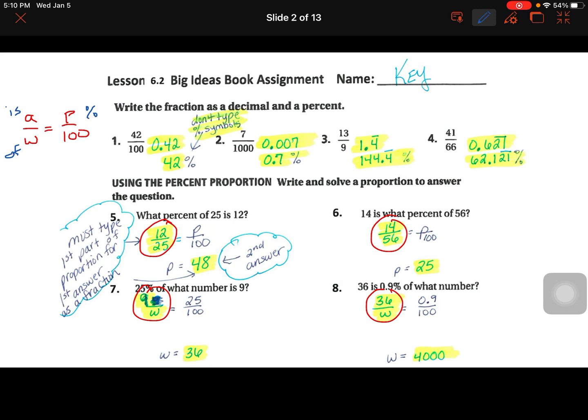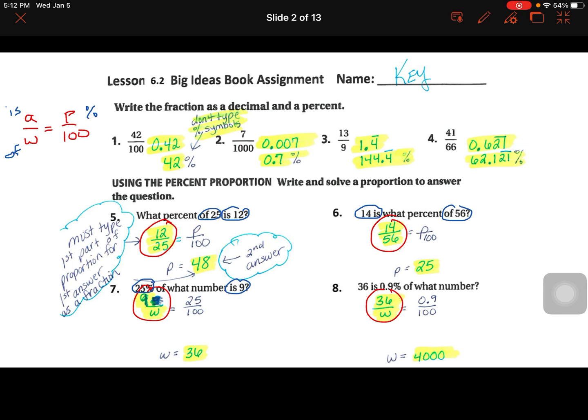When you set those up, you're looking for those key words, and as you look at each problem, highlighting in particular, of is 25, is 12. You can quickly spot those. 14 is, 56 of. When you see a percent, those are easy to spot. So 25%. 9 is. So look for those keywords. That tells you where in the proportion the numbers are supposed to be.